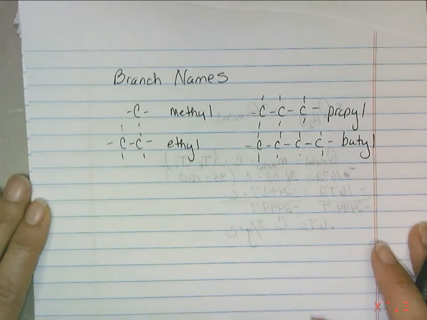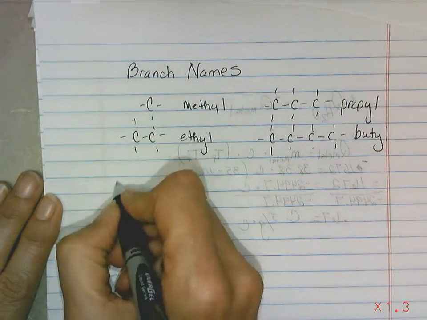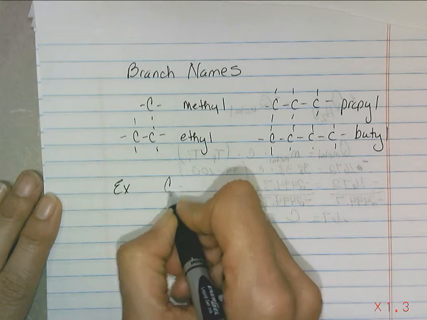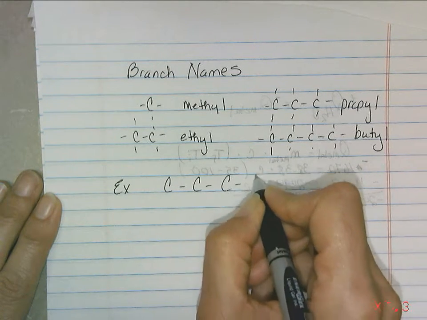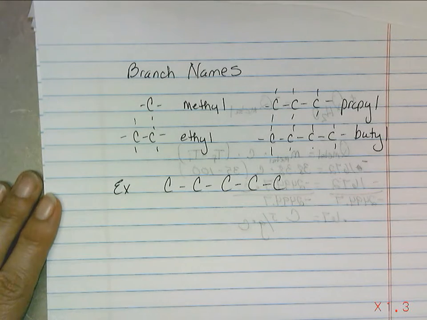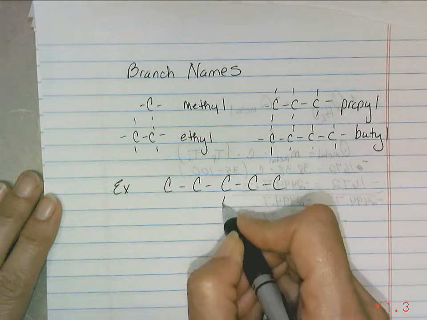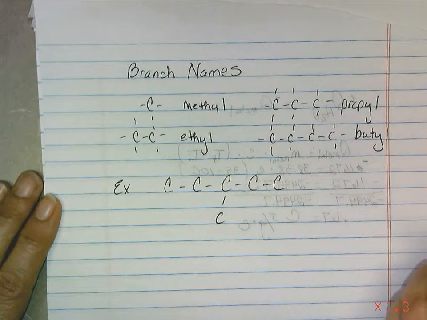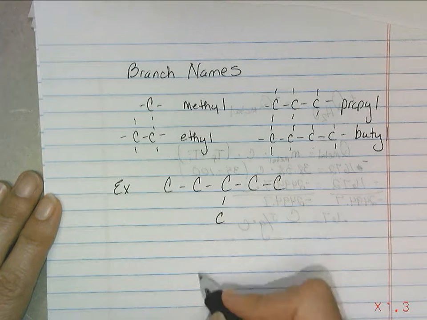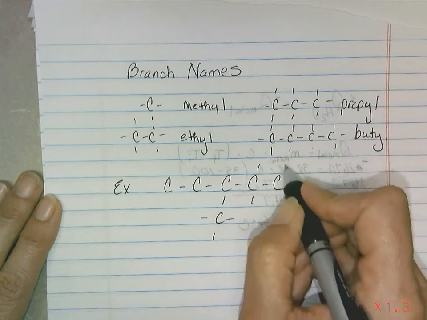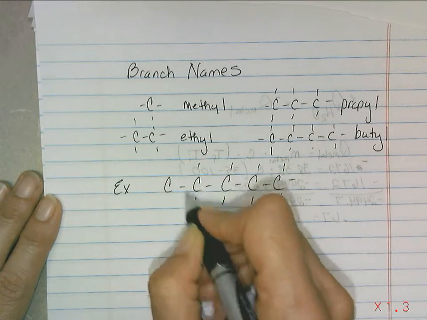Let's start with something simple. This is how you name it. Let's say I have this structure, and as we've already talked about in class, every carbon has to have 4 bonds around it. If you don't draw the lines, you get marked off. Alright, so let's say this is our structure.